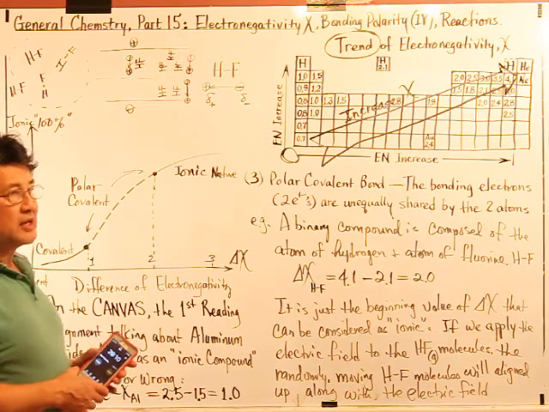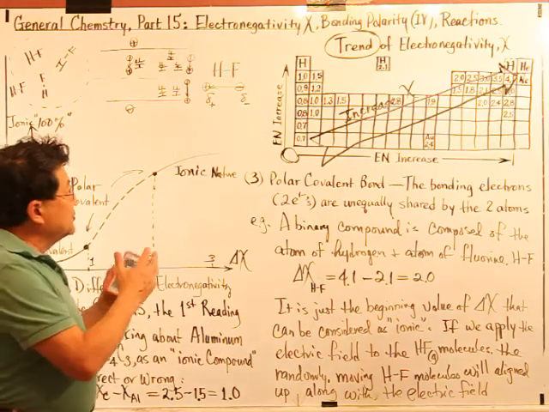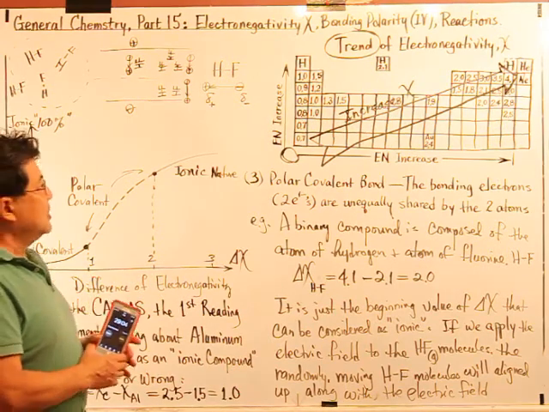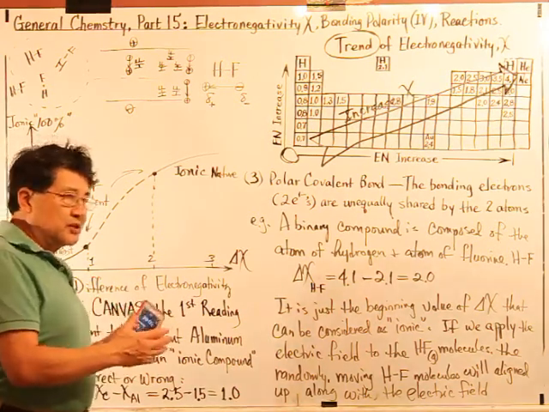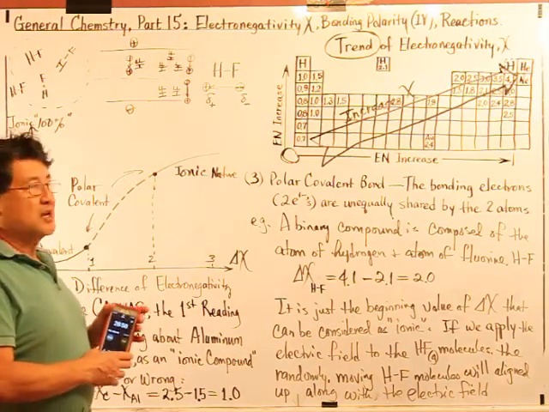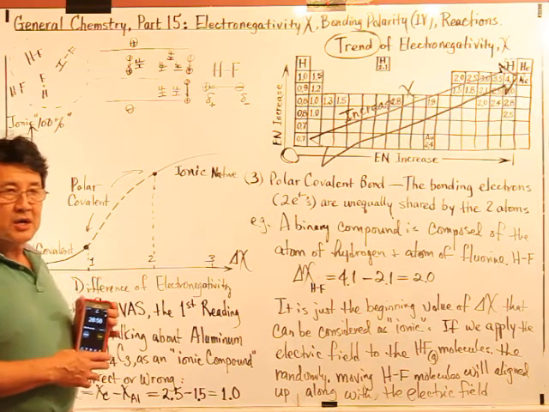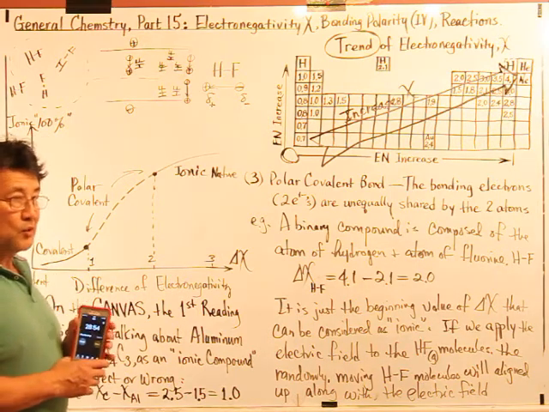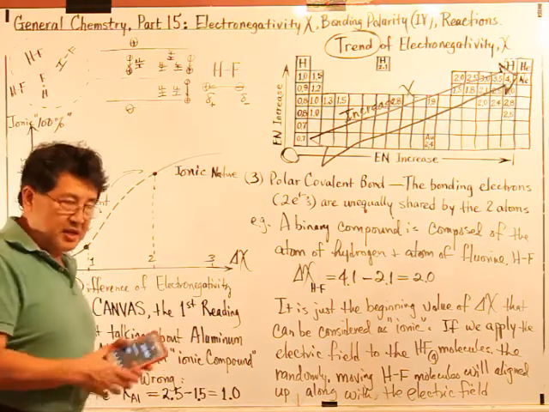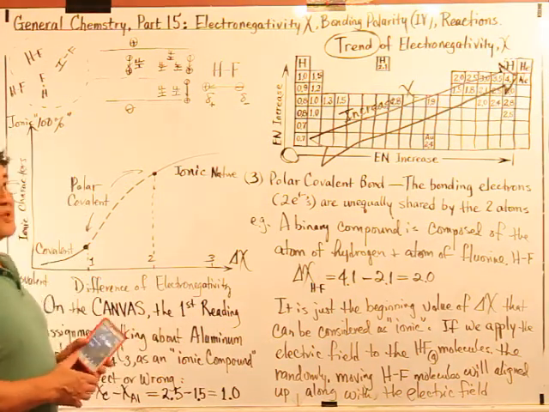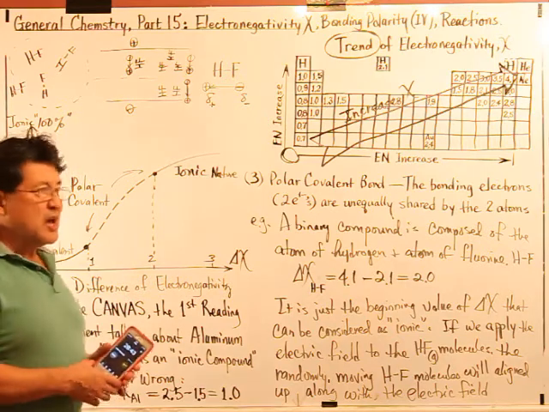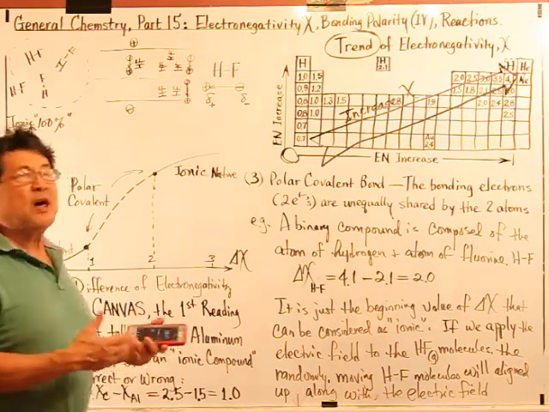Linus Pauling devised this scale we call electronegativity for us to use it to judge if the compound, mostly binary, is going to be a polar molecule or non-polar molecule. We normally call polar molecule as ionic, and non-polar or covalent, and in between we call polar covalent.